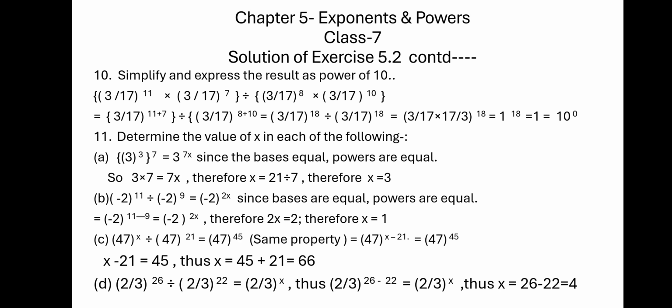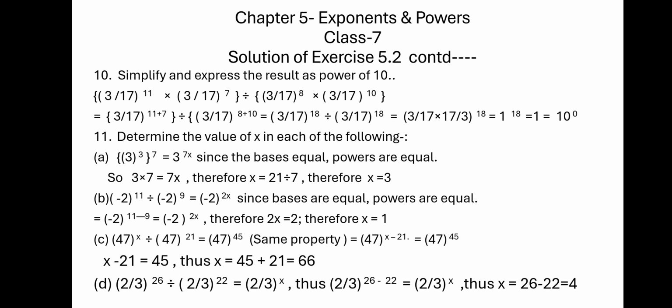So that is equal to (3 upon 17 multiplied by 17 upon 3) whole raised to the power of 18. And that gives you 1 raised to the power of 18, and that is equal to 1, because 1 multiplied 18 times is 1. But when you express it as a power of 10, it is 10 raised to 0. So 10 raised to 0 gives you 1.